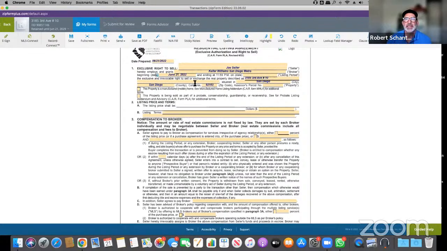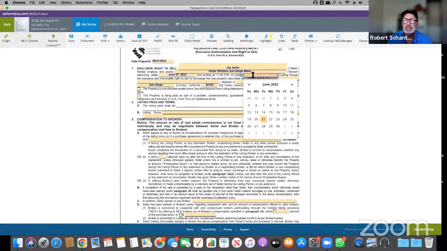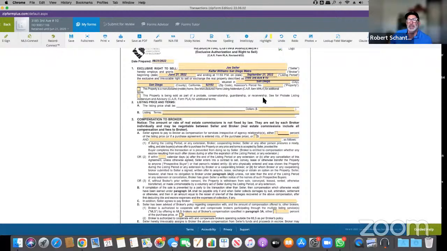We're going to take the listing on 6/21, and we're going to end it September 21st. So we're going to do a 3-month listing. The question always gets asked, how long should you take a listing for?